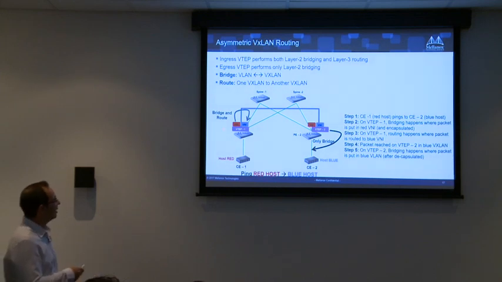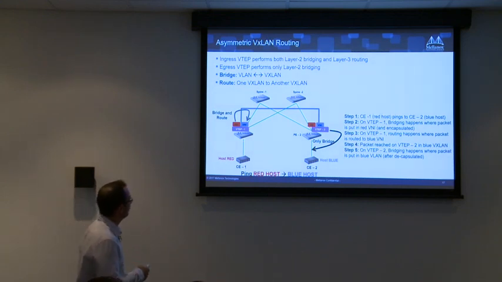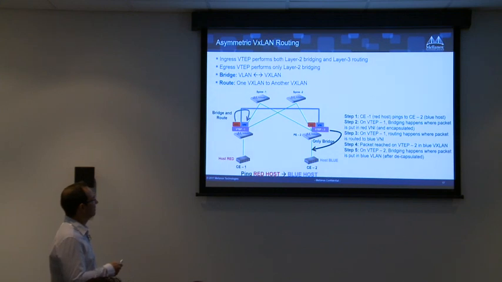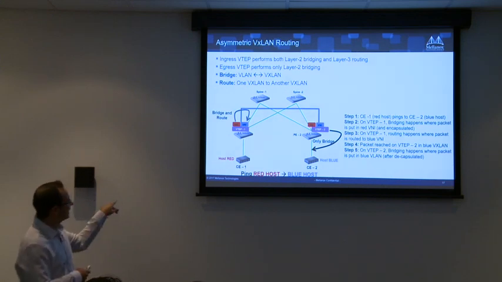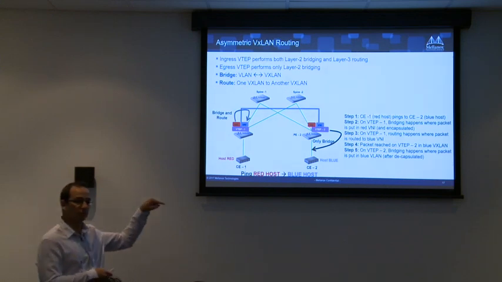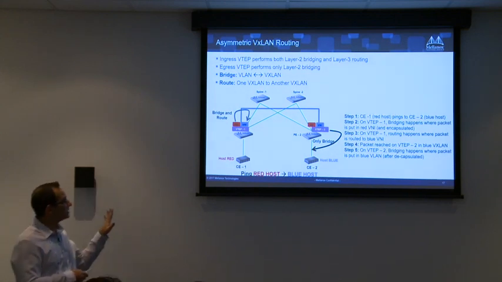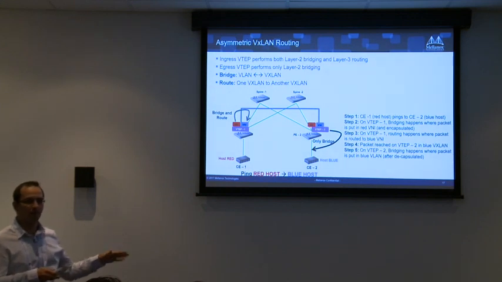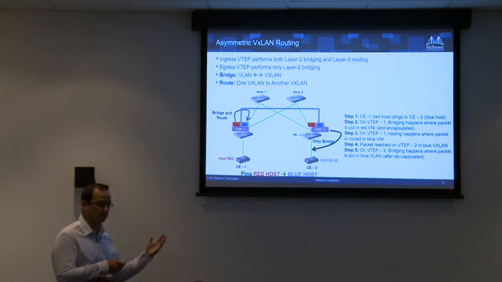So the way it works is there is bridging from the VLAN to the red VNI, then routing between the red VNI and the blue VNI, going to the other side, and then bridging. It's called asymmetric because the sender side is doing bridging and routing, while the receiver side is doing only the bridging. This is simple to implement, but when it comes to scale, it's a bit problematic because it uses many, many host routes.